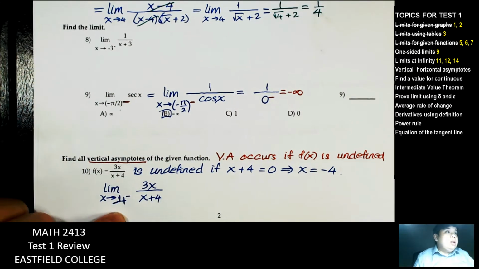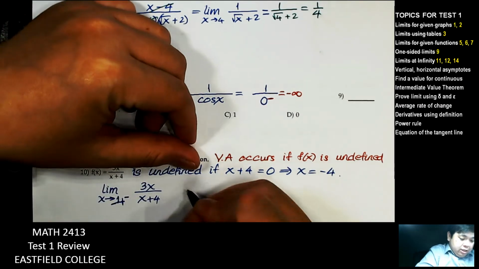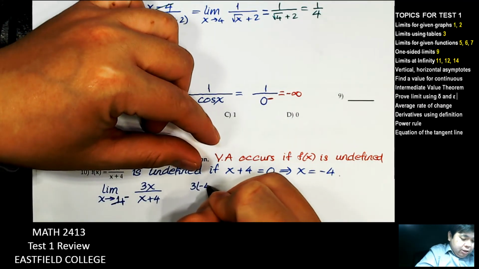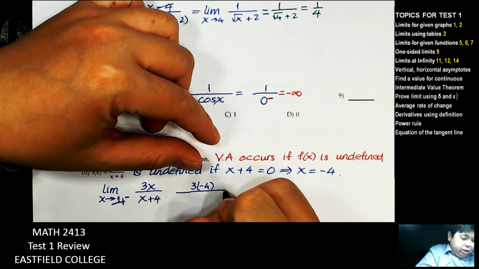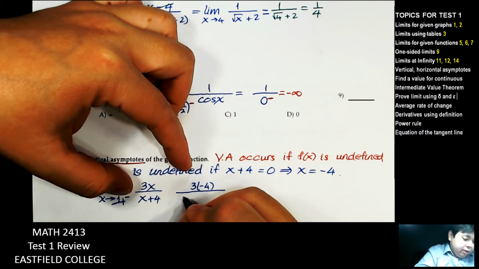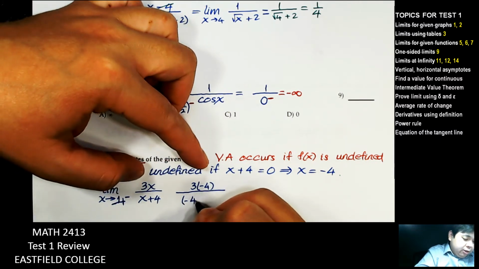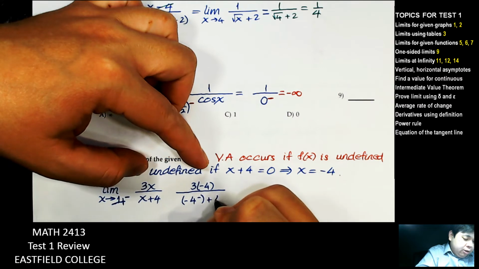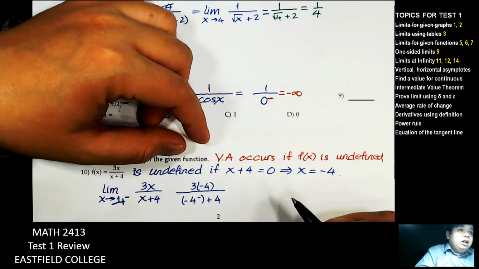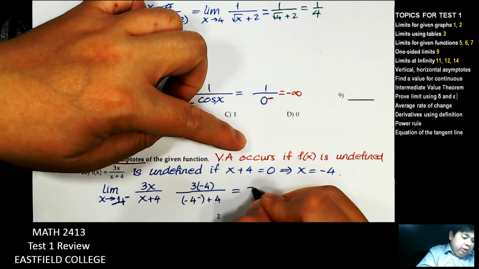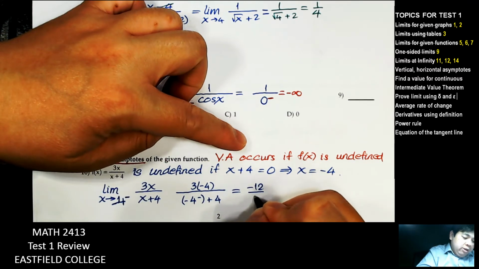So we're going to put -4 into it. The top is -12, the bottom will be 0. So we have -12 over 0.